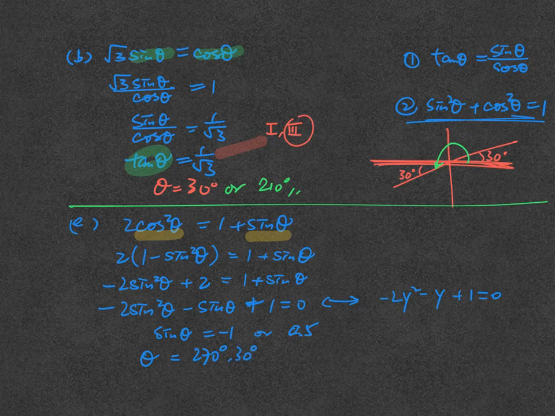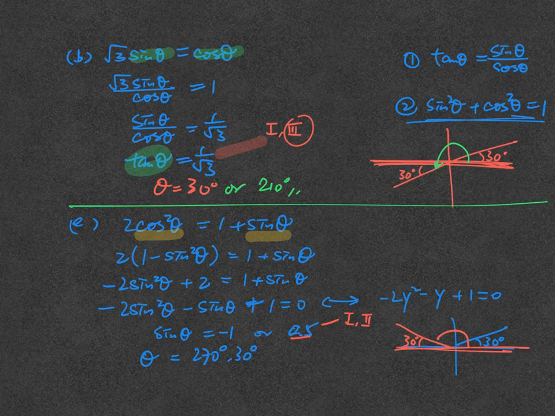That's why 30 degree will be our reference angle for the first one. 0.5 is positive, that means quadrant 1 and quadrant 2 for sine theta. So on the x-axis, we draw a reference angle 30 degree in order to read the second answer. And finally, we've got another answer, 150 degree. And this is the way how we do part E.